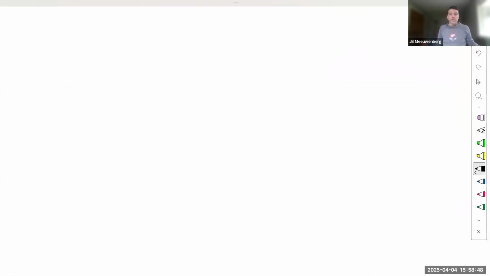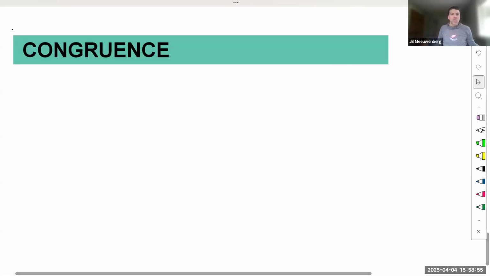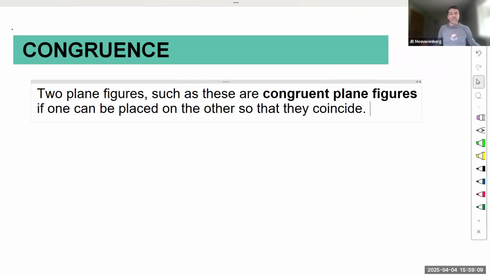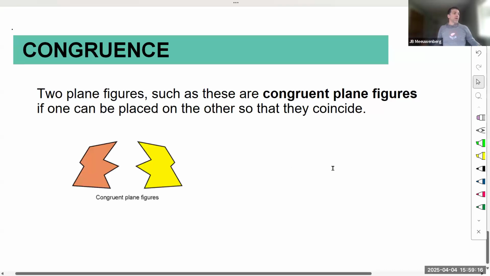So now we're going to move on to another topic, the idea of what we call congruence. Congruence is pretty simple. It basically means that two things are the same. If we talk about two-dimensional figures like we're doing now, plane figures, then we say that two plane figures, such as these, not those, are congruent if one can be placed on the other so that they coincide.